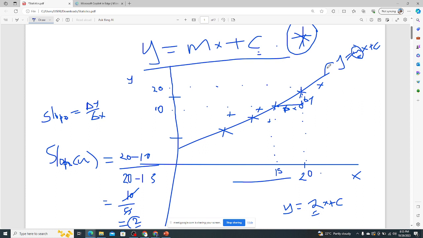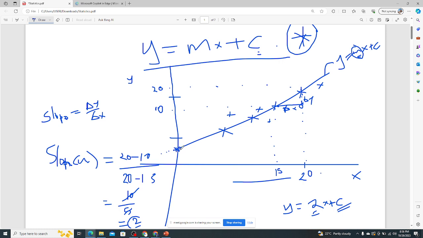Then for the c, as Maureen said, it was the y-intercept. So when we extrapolate this line, it will cut the y-axis at some point.